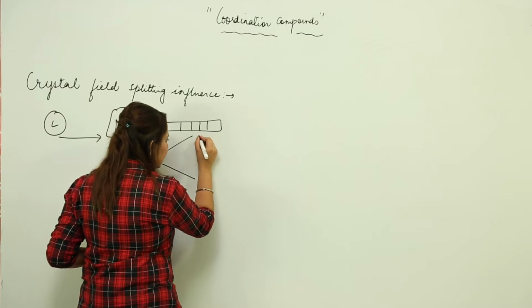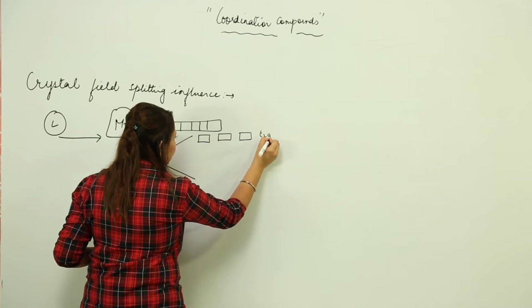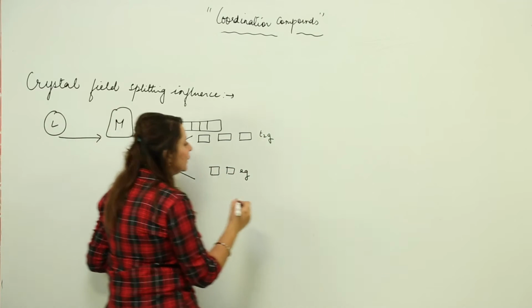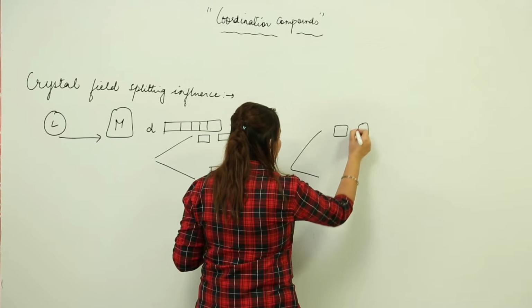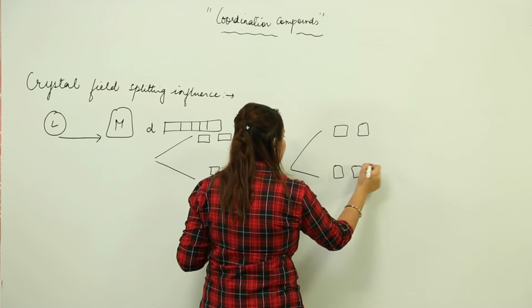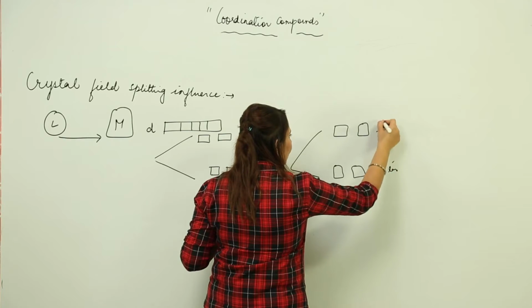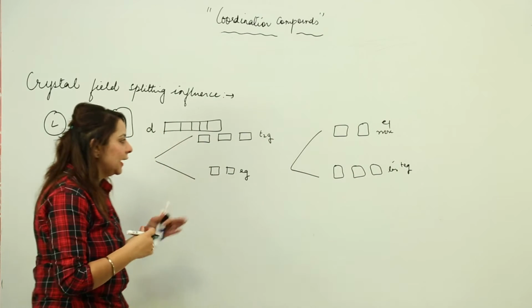So there is a chance that the energy of T2g is greater and the energy of Eg is smaller, or there can be a chance in which the energy of Eg is more and the energy of T2g is less. Right, so there can be anything.